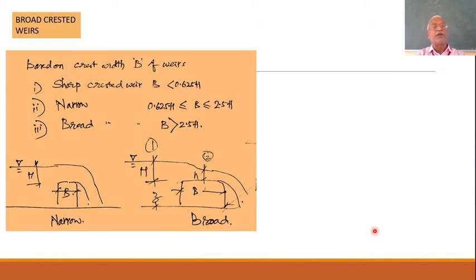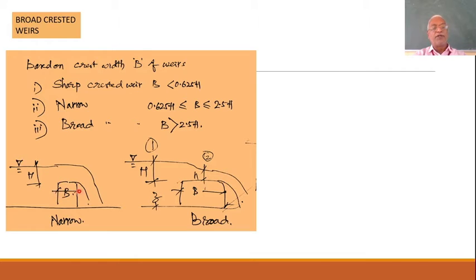Broad-crested weirs, what actually does it mean? Now, we have been showing the crest as a sharp crest here. Here, there is a sizable width for the wall.